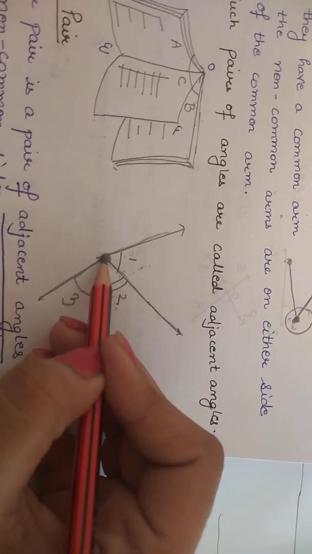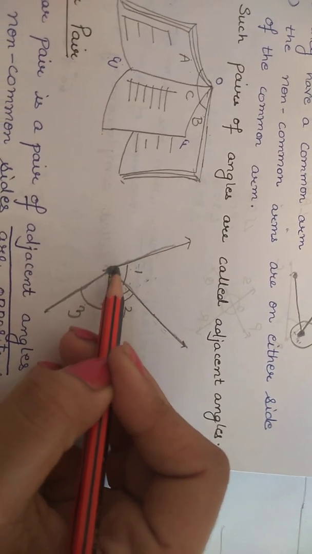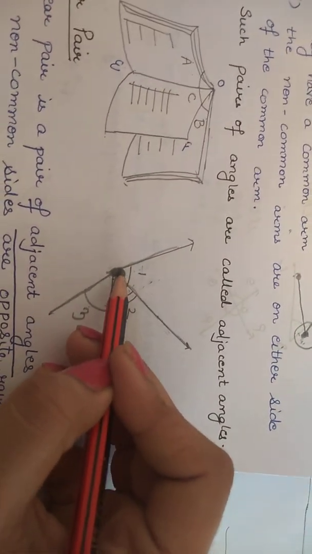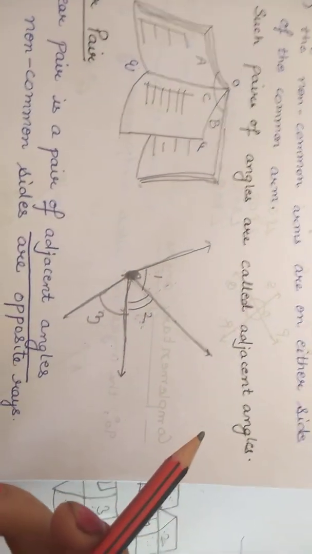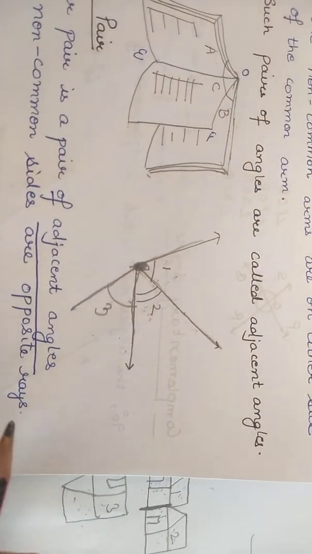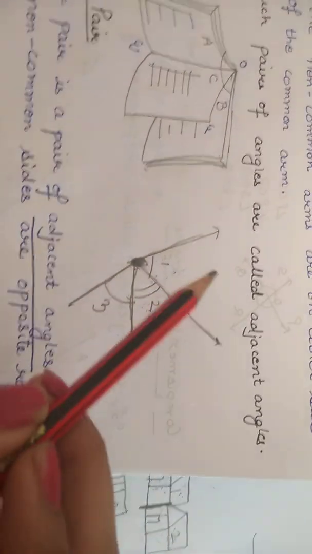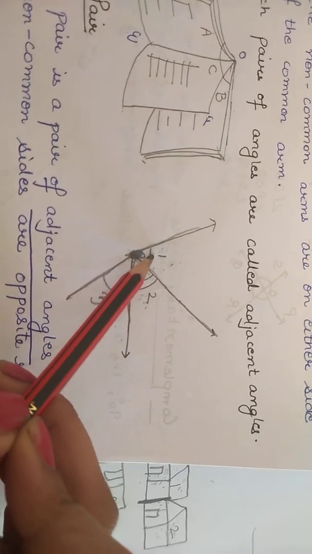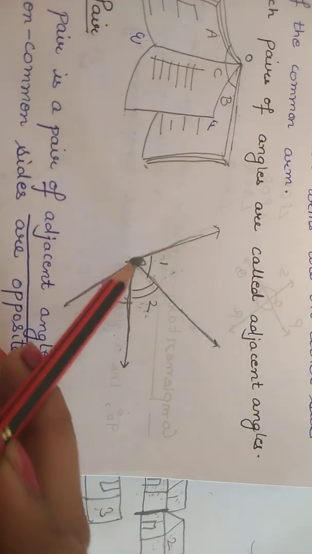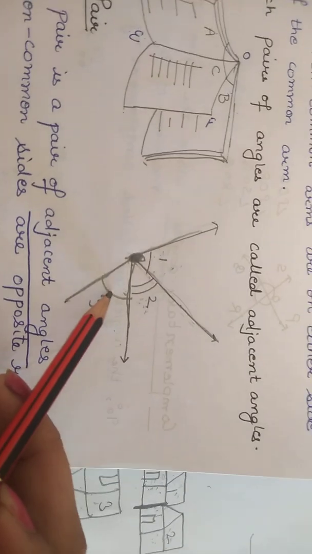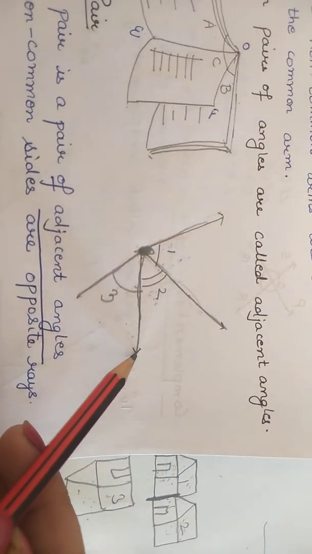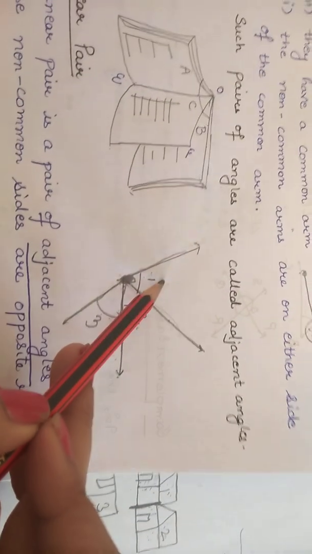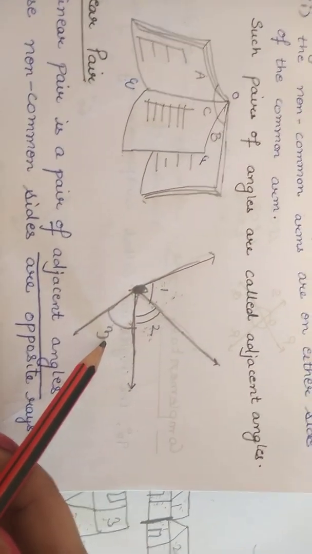They share the same vertex, but is there any common arm or not? No bache, they have different arms. The arms of angle 1 are this and this, and the arms of angle 3 are this and this. So now you cannot say that angle 1 and angle 3 are adjacent angles.